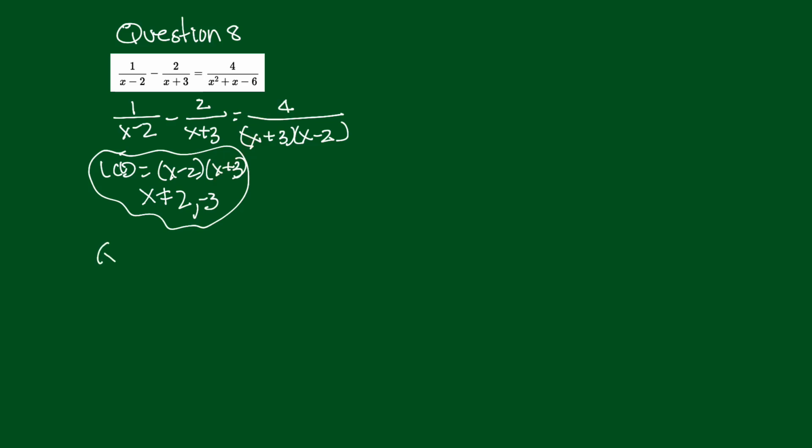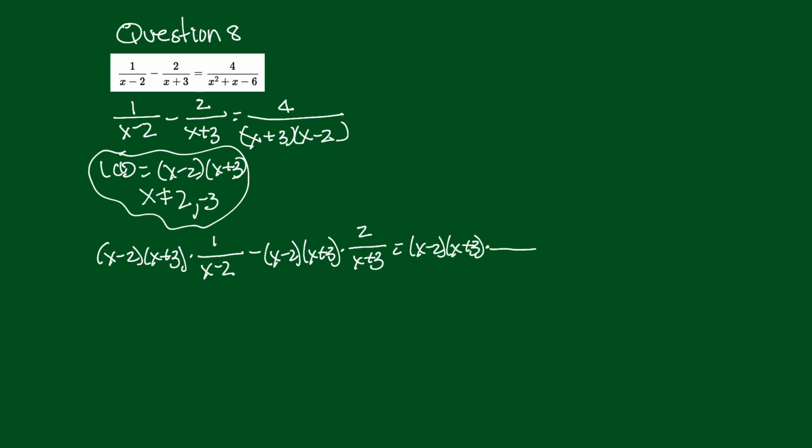So we'll get this. x minus 2, x plus 3, dot 1 over x minus 2, minus, x minus 2, x plus 3, dot 2 over x plus 3, equals x minus 2, x plus 3, dot 4 over x plus 3, x minus 2. So a lot of writing. But now let's see what cancels.